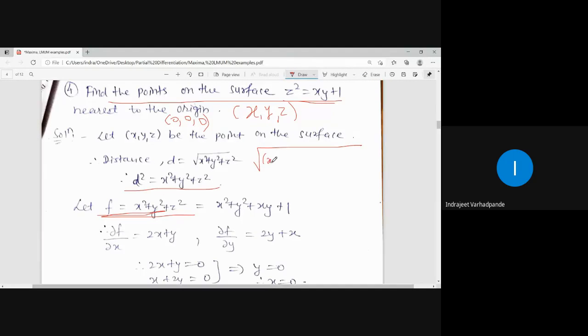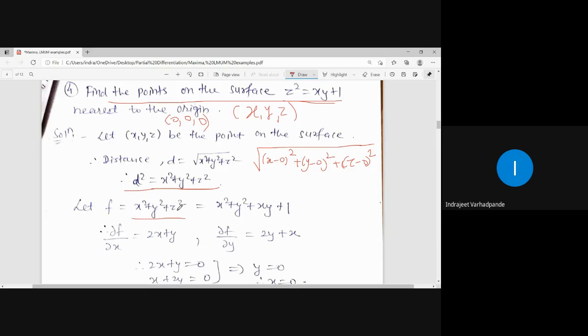So here it will be x minus 0 whole square plus y minus 0 whole square plus z minus 0 whole square. But it will be very difficult for us to go with the square root sign, so I take the square. So d square represents the function f, which is x square plus y square plus z square.